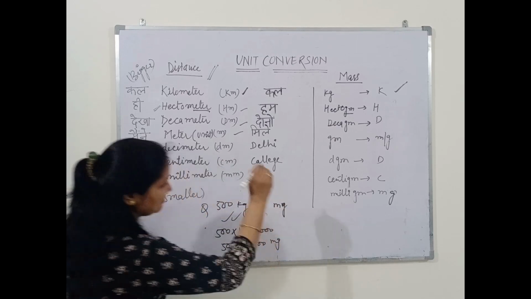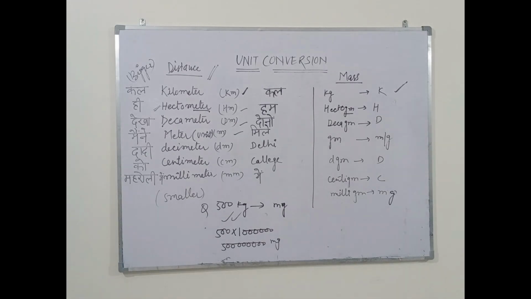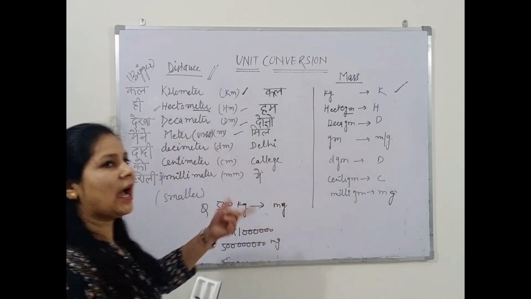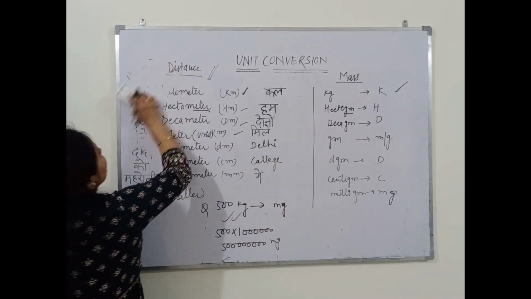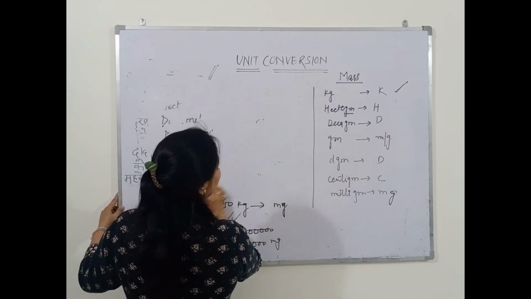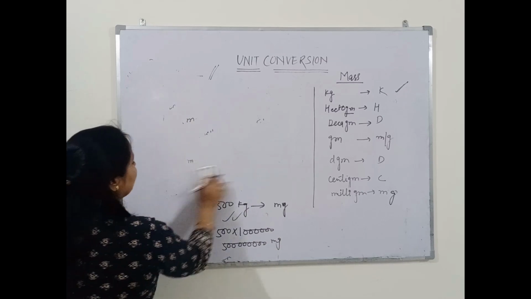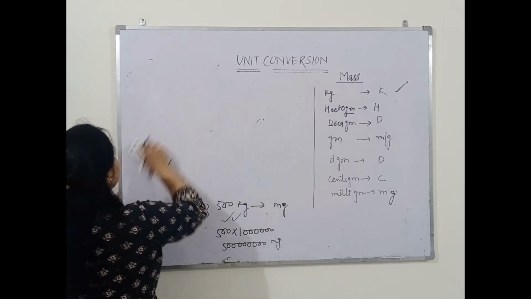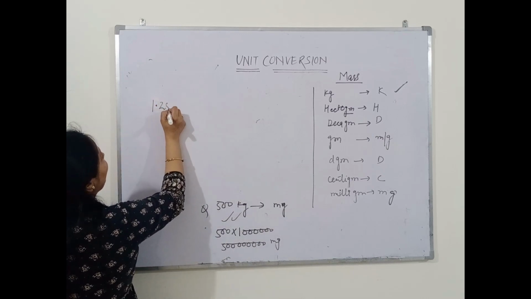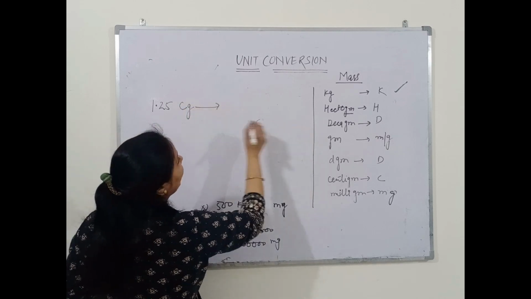Right? If you want to change from bottom to top, that means smaller value to higher value, you want to convert, suppose, 1.25 centigram into hectogram.